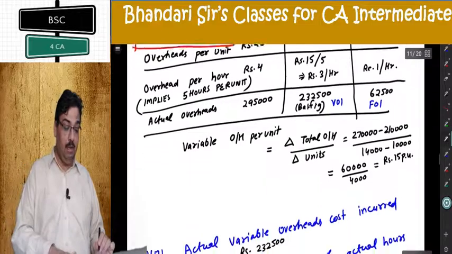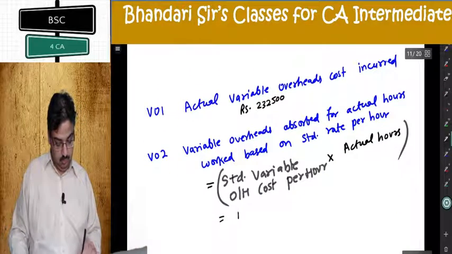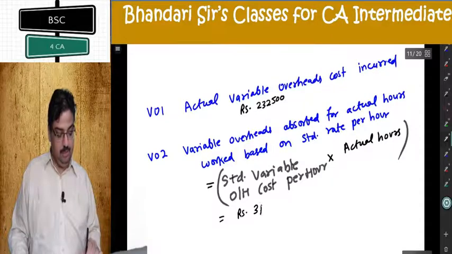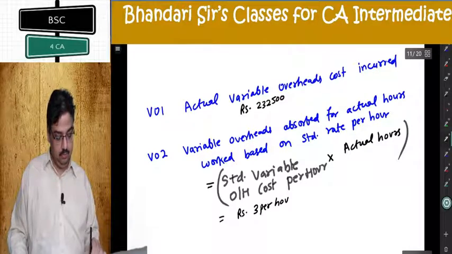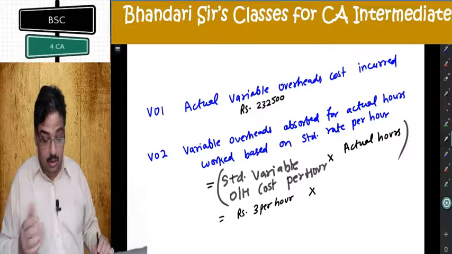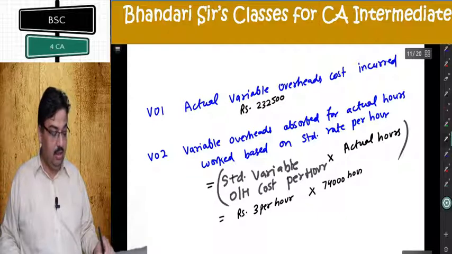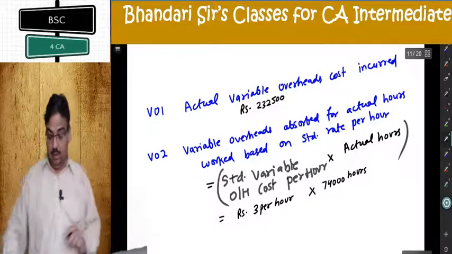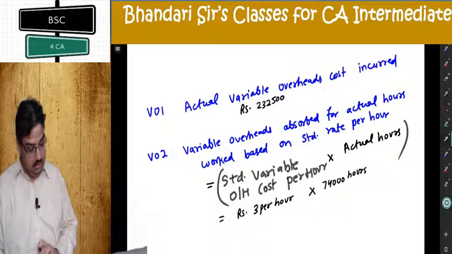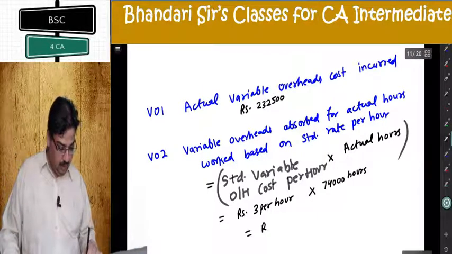VO2 per hour I computed, rupees 3 per hour, multiplied by actual hours given in the question, 74,000. Actual hours are the same whether you apply in fixed or variable. Actual hours will not be different. 74,000 into 3, 2,22,000.